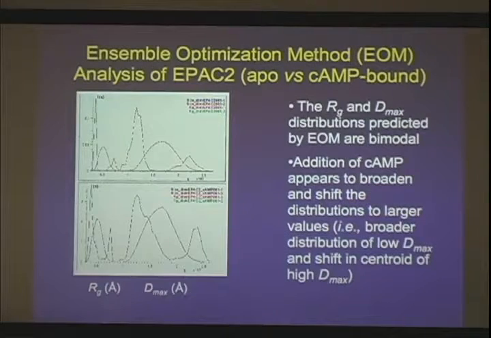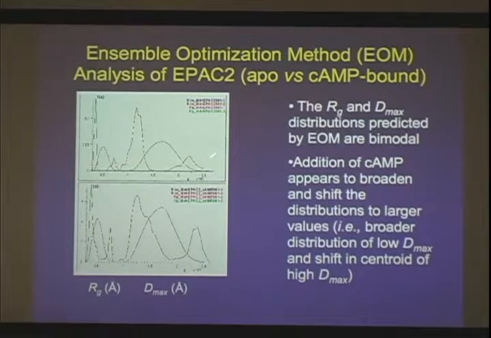What you get in the case of EPAC is something that looks like this. These are the RGs here. This is the average RG for the entire library, and we actually see two populations, neither of which corresponds to the average of that entire composite library, that 10,000 member library.